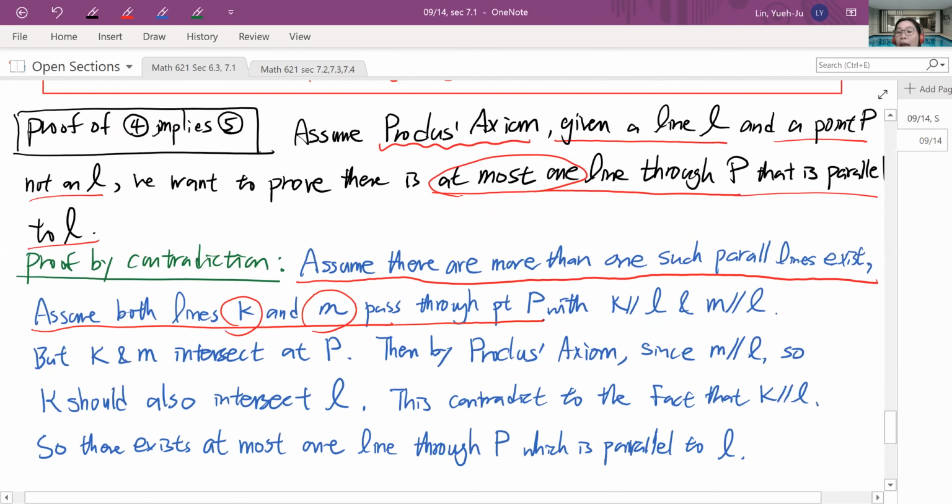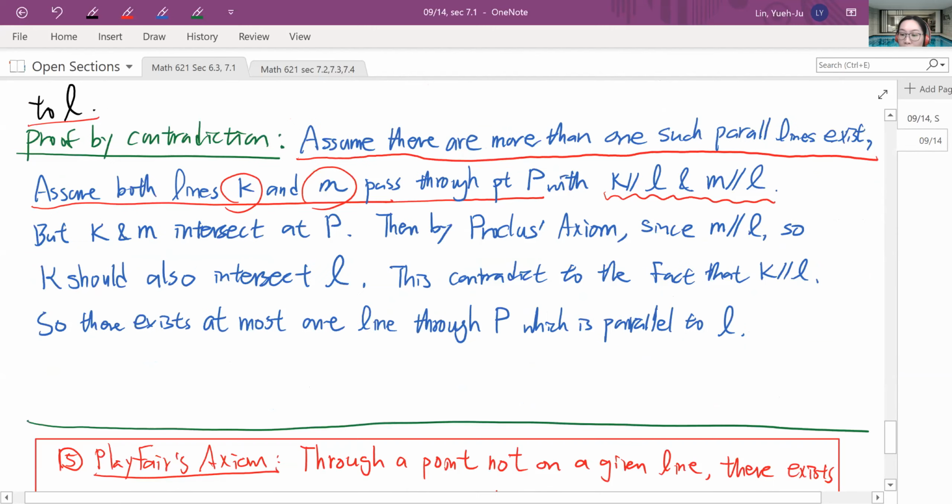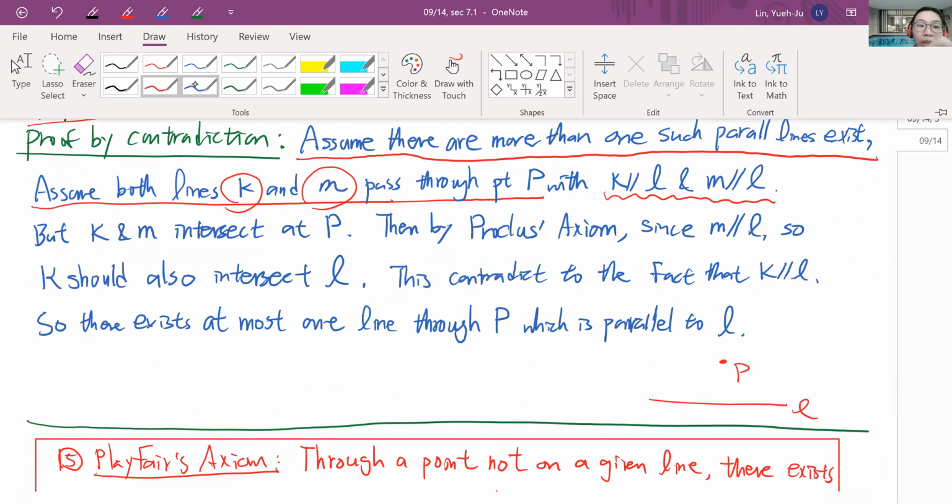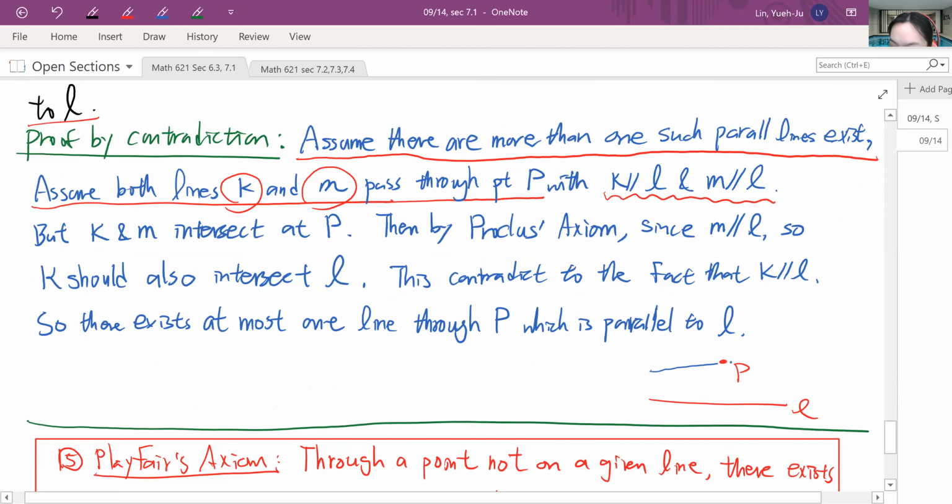So we say, okay, now we have 2 lines, K and M, passing through the same point P, and both K and M are parallel to this line L, okay? Let me draw this picture. So now you have P and this L, right? Instead of just one line being parallel, I actually have 2. My picture might be a little bit misleading, but let's just say you now have 2 parallel lines.